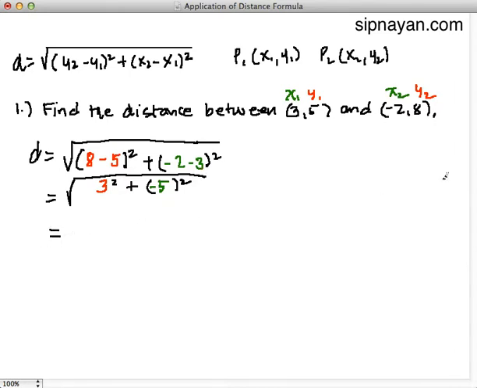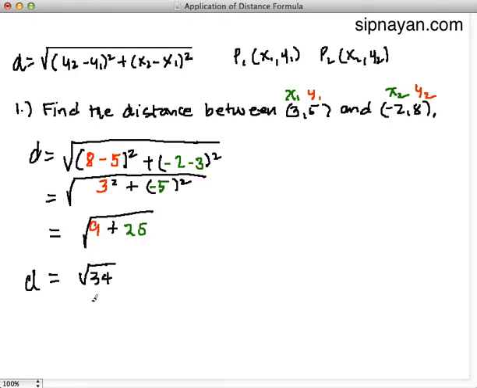And simplifying, we have 3 squared is 9. And negative 5 squared is 25. Okay. So, that is square root of 9 plus 25, and that is equal to d equals square root of 34.